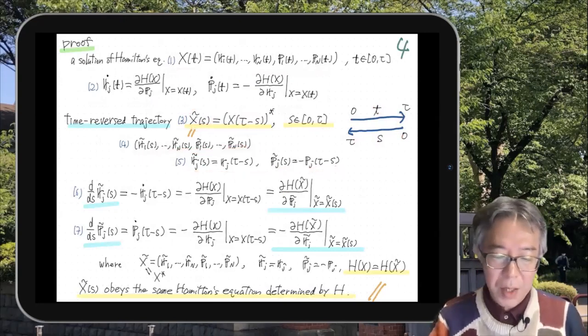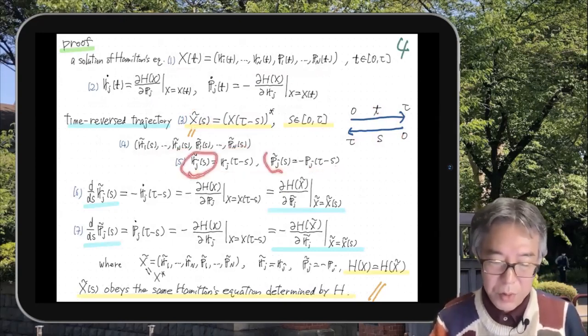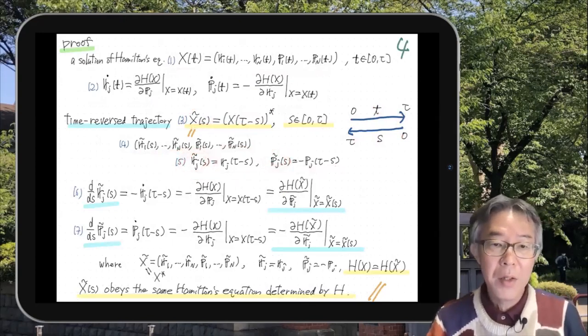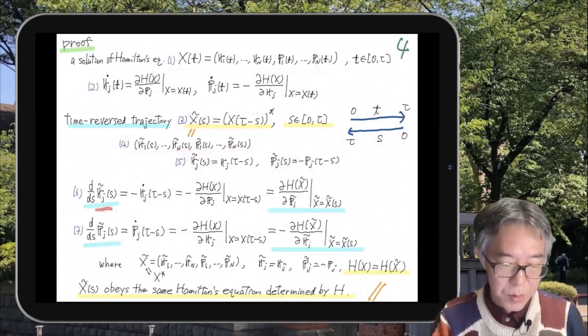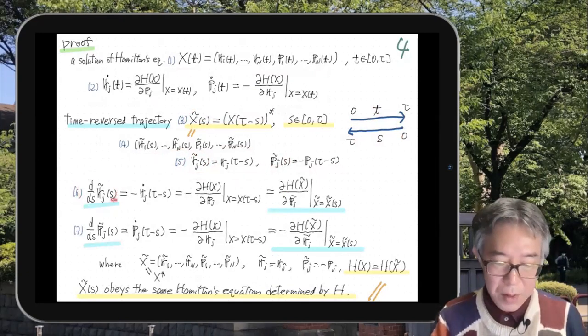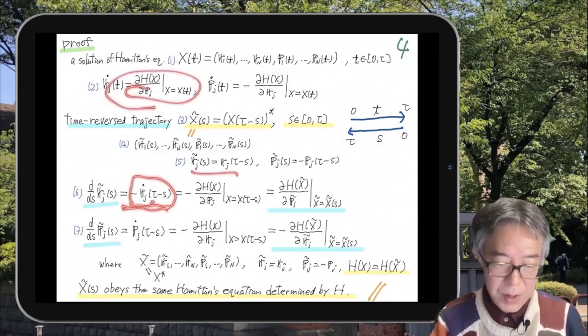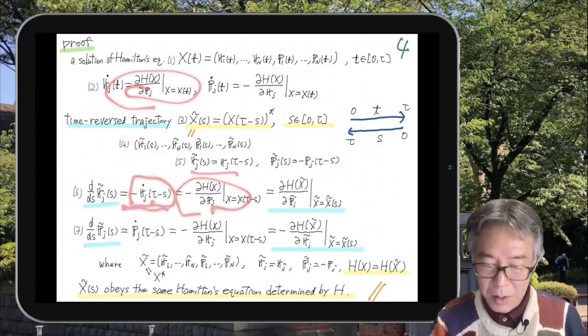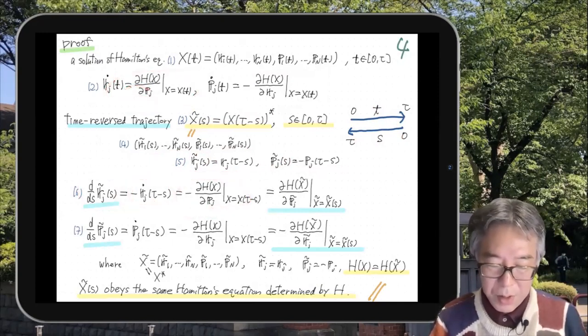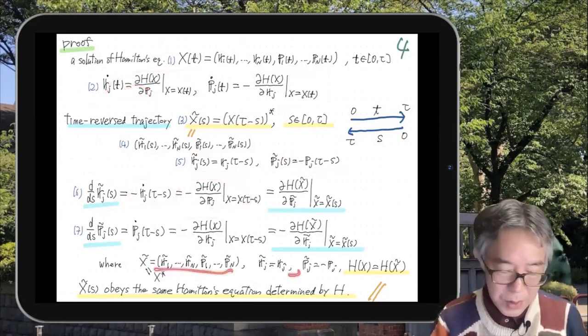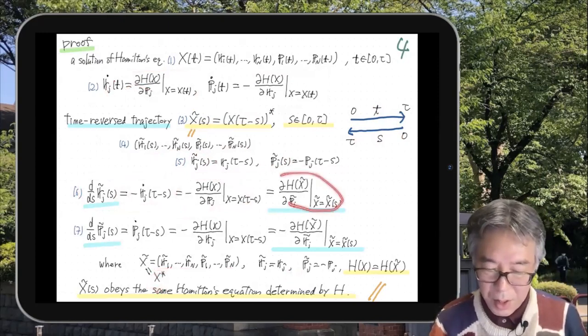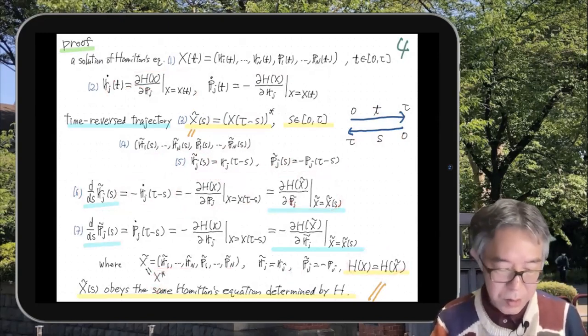And then you examine what equation of motion these r tilde and p tilde obey. And it's quite easy. If you just compute the time derivative, and then by using this relation, you can relate it like this. And this r satisfies this Hamilton equation. And then you rewrite this by using x tilde like this. It's basically x star, but x tilde, and use this invariance. As for p, the same thing.